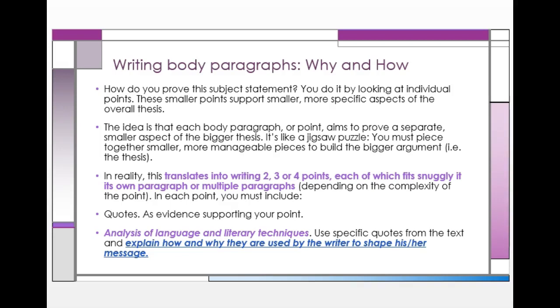So in reality, this translates into writing 2, 3, or 4 points, each of which fits snugly into its own paragraph or multiple paragraphs. So what I mean by multiple paragraphs here is perhaps one of your points can really extend beyond one point. Maybe you make a point about metaphors that connects to both the tone and the theme. So perhaps you're going to talk about the metaphors the author utilizes in order to establish the overall tone or idea of the piece.